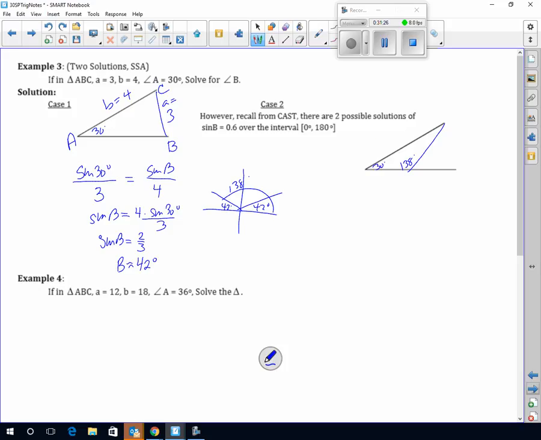B equals 4, A equals 3. And then over here, B was 42 degrees. Does everybody see? 42 degrees. Because that's what I just solved. B was 42. The other B, we're going to call it B2, is 138.